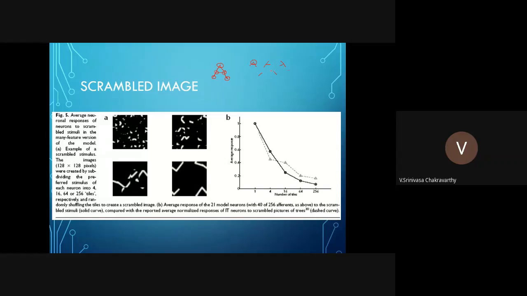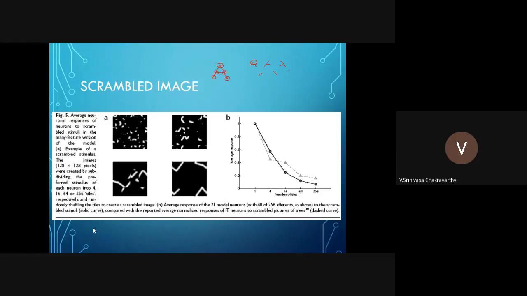Okay, so the answer to that is in this result here. They have taken an image and then cut it up into small pieces and jumbled them. The number of pieces into which they cut the image is given by this number of blocks. When it is 1, that means you're presenting the whole image and the response is 1.